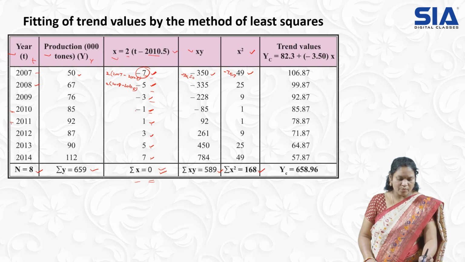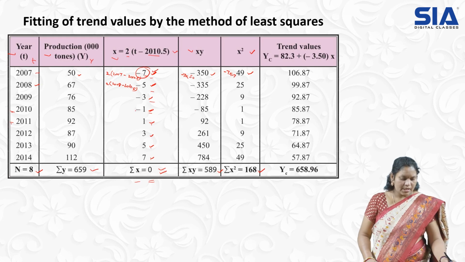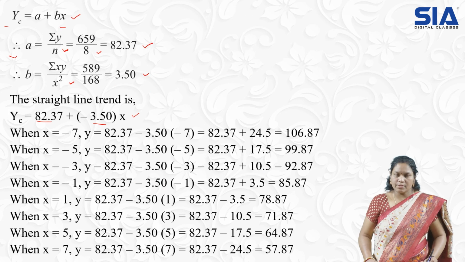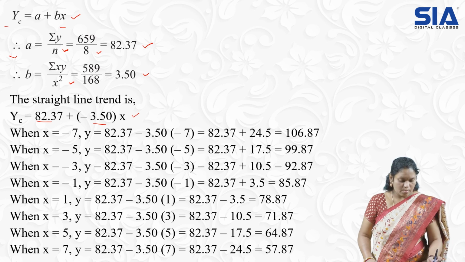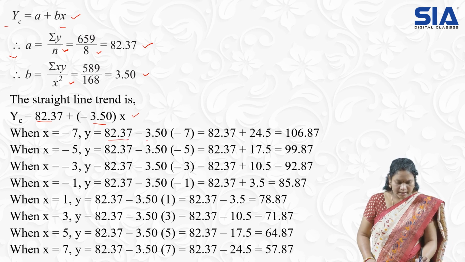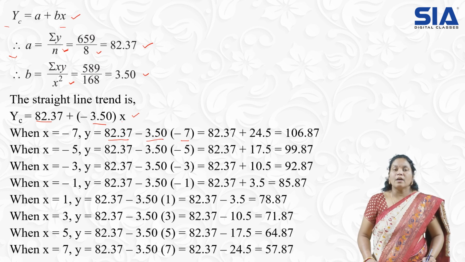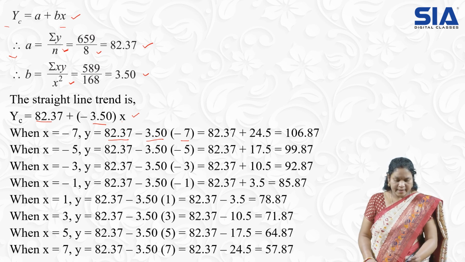See, the first x value we have is minus 7. That minus 7 you have to substitute in this equation. So y is equal to 82.37 as it is, minus 3.50 as it is, x value becomes minus 7. So I have substituted; go for it and get the answer for the first y value.